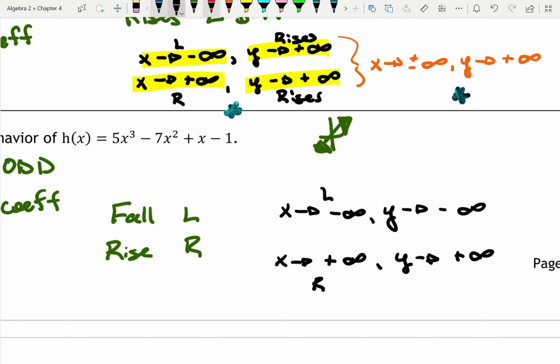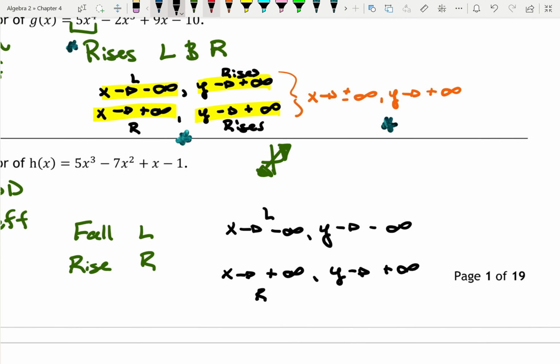So both of these ways, the green way or the black way, are good. Now we can't write it in the orange way like we did in the last problem because we have rising and falling here, whereas the previous one was both rising. So if it's an even function, you could write it in the orange way if you wanted to. Otherwise, if it's an odd function, you'd have to write it in the black way.